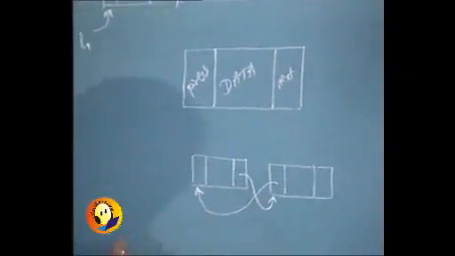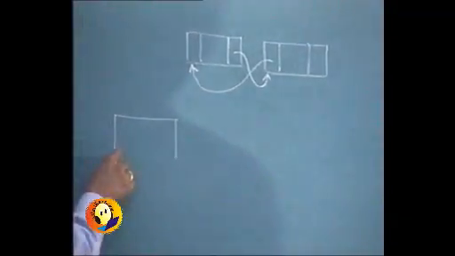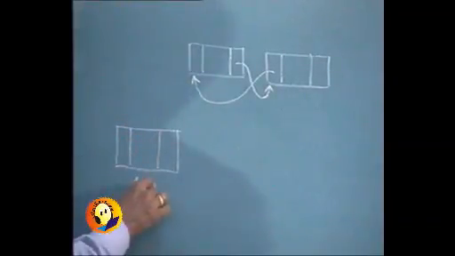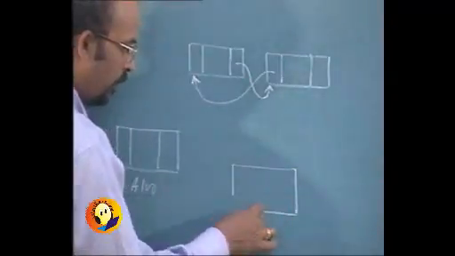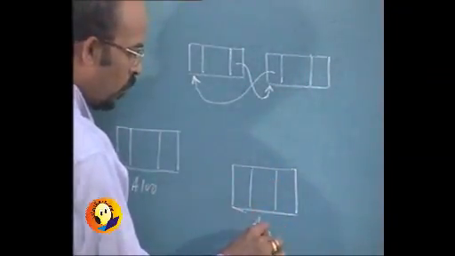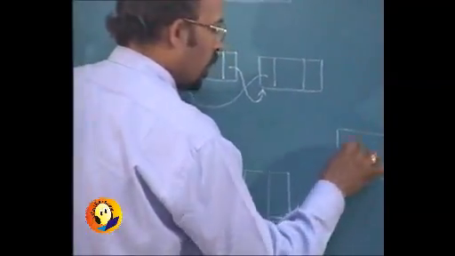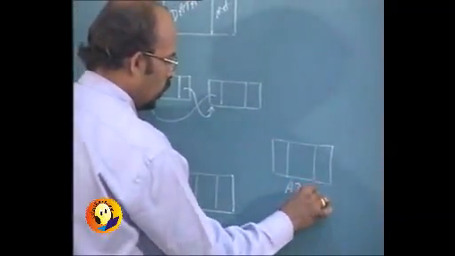Or you can even have the example like, suppose this is header having address say A100, then I have another node having address say A224. I have one more node having address as A320.